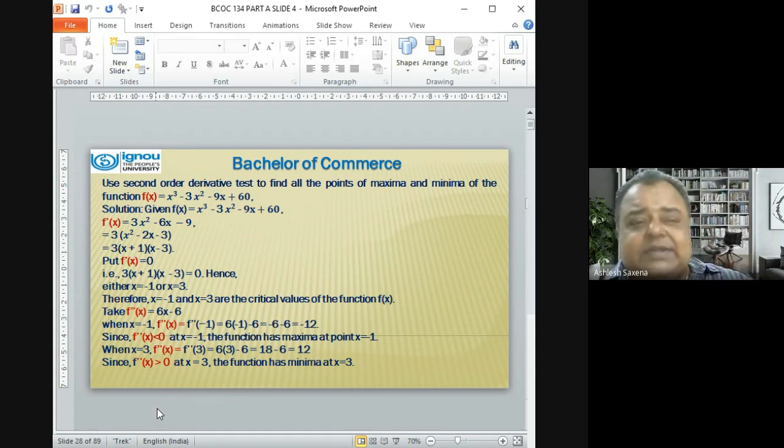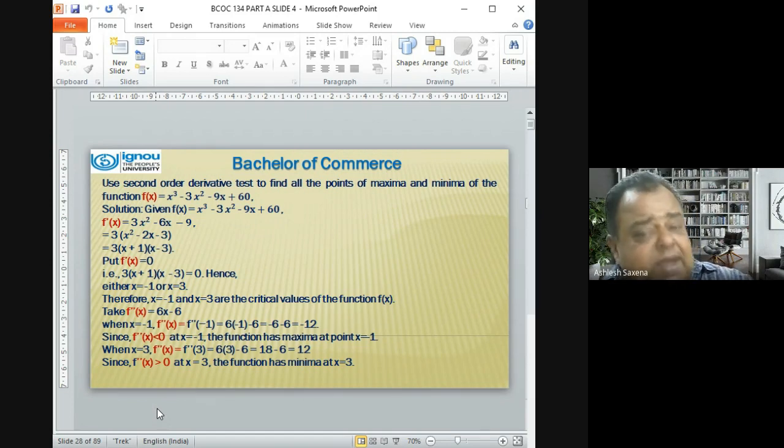Second step is to put this derivative of x equal to 0. Third step, you have to study the second derivative at these points. Going back to the problem, we will put f dash x is equal to 0. So f dash x is 3 times x plus 1 into x minus 3.